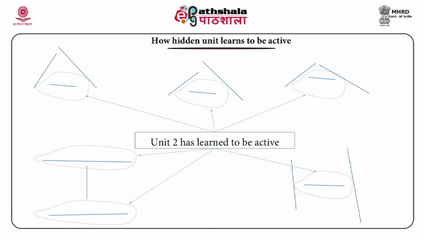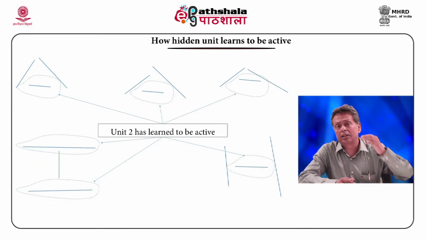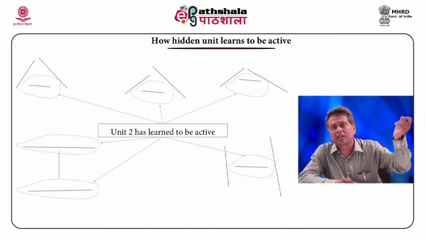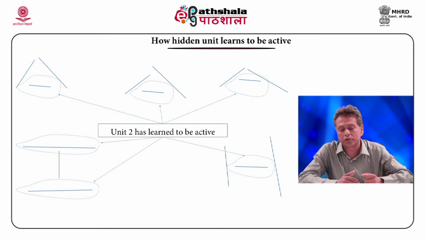The third unit will learn to become active when the horizontal line is present. You can see in the second slide that the hidden unit which learns to be active when there is a horizontal line also learns to be active when there is I and there is H. Okay. So, it is possible that different hidden units learn to remain active when a typical feature is present in the image.